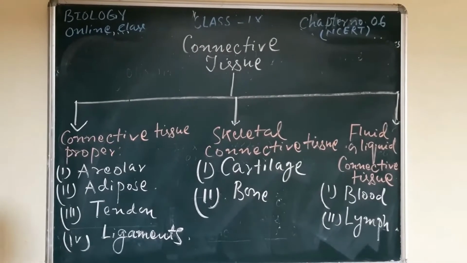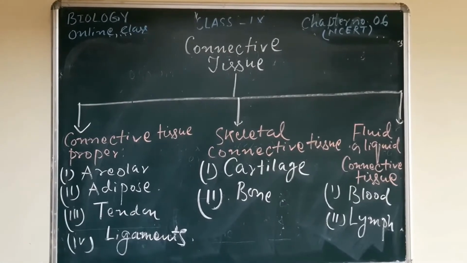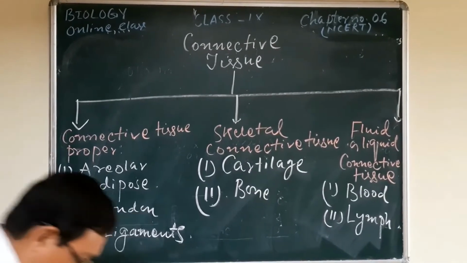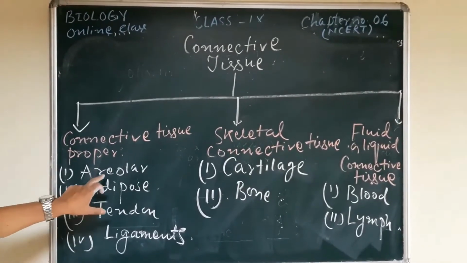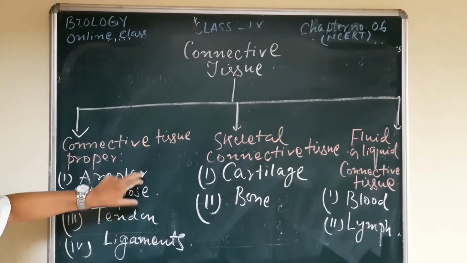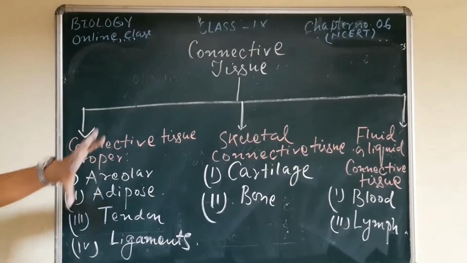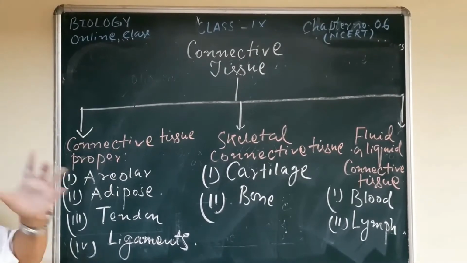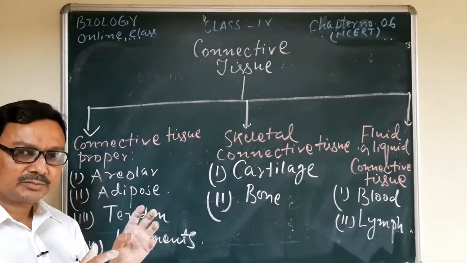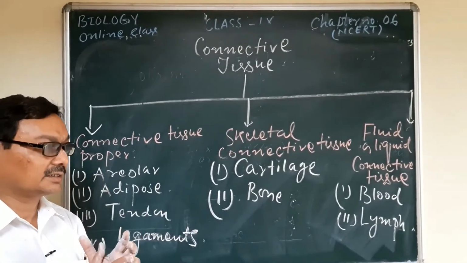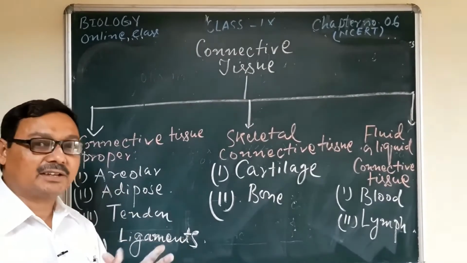Now there is a brief introduction to all this. The first, see here, is areolar. This tissue, as we have seen, acts as a packing tissue. That means it binds the different organs, it binds the different tissues, it packs the different organs, it packs the different tissues.